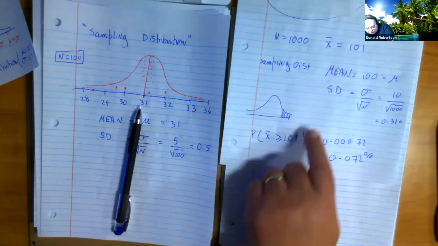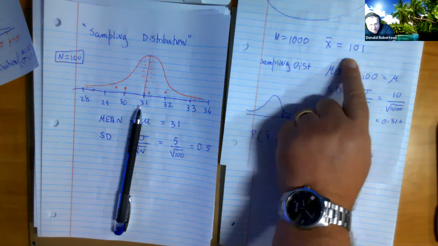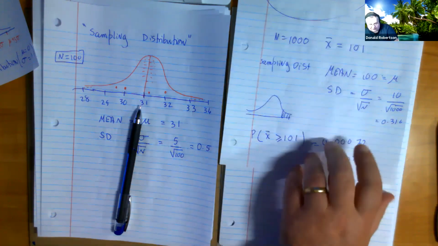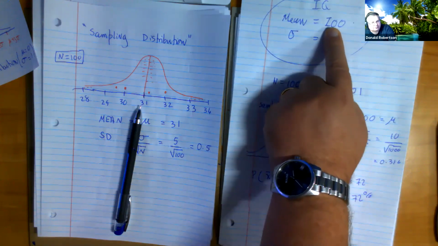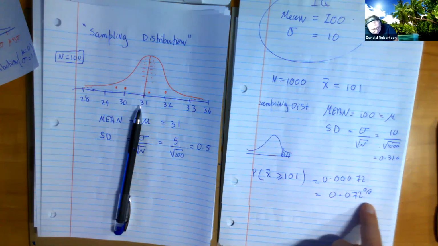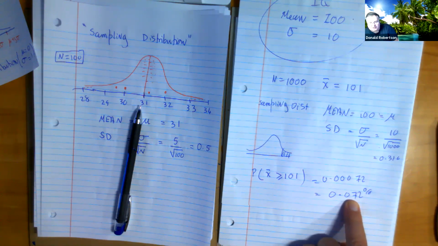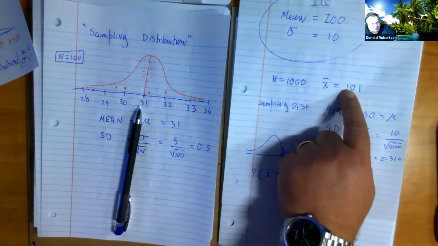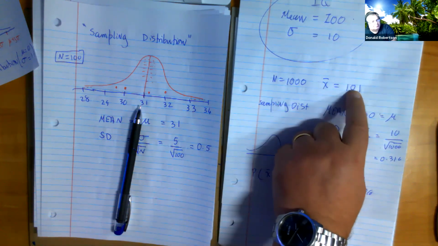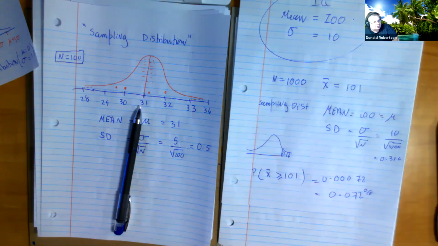The chances that you get a sample of 101 out of 1,000 people, if it was the same as the rest of the world, would only happen randomly 0.072. That is so small. What that means is that this isn't from here. This is so small, this is actually proof that Scottish IQs are bigger than 100.